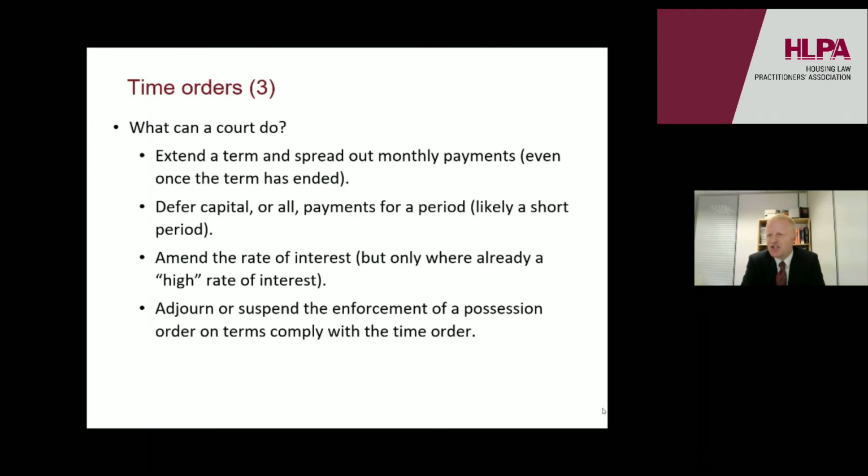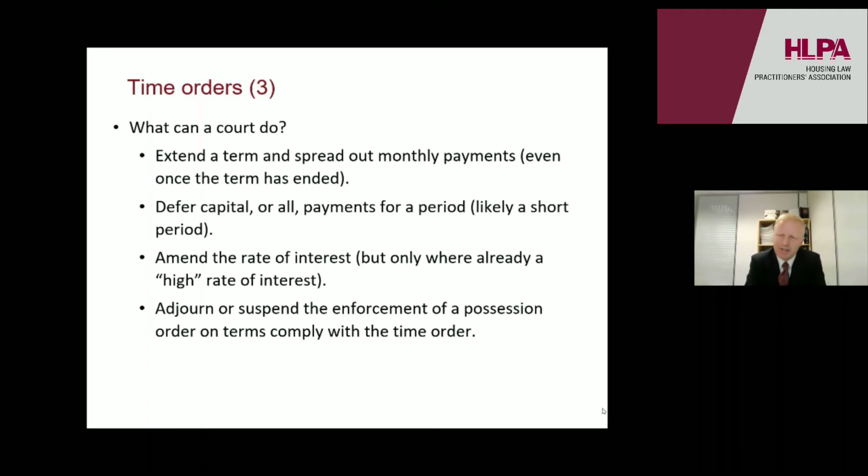Especially if you're faced by a claim by a high street bank, which quite frankly is not going to be overly prejudiced by the term being extended, provided they're going to get their money and their interest. But it will depend on the circumstances, and you're going to need pretty good evidence to show that the borrower can pay the reduced payments over an extended period of time.